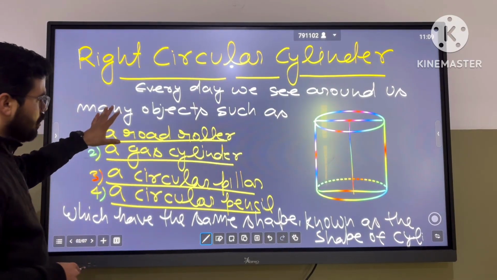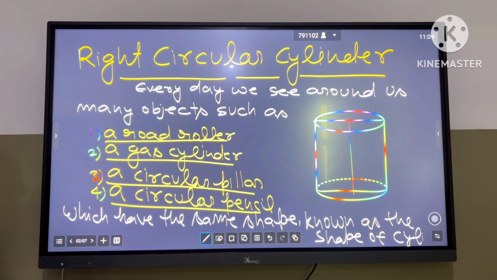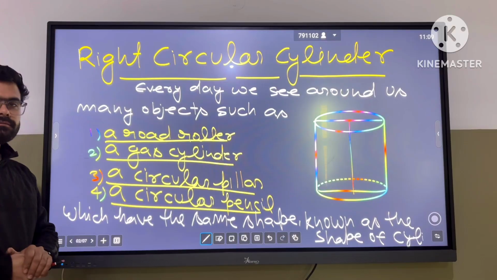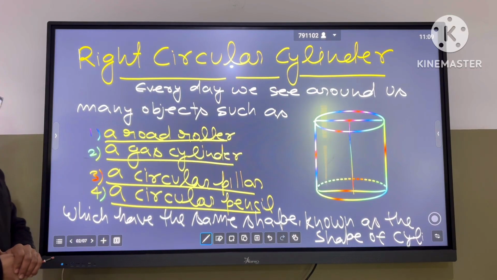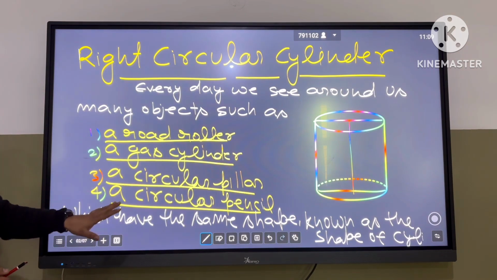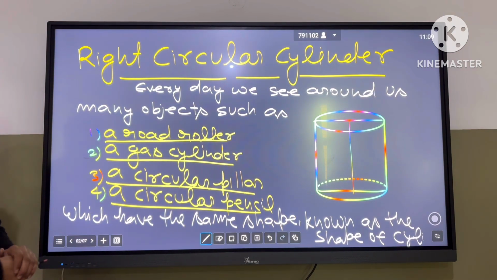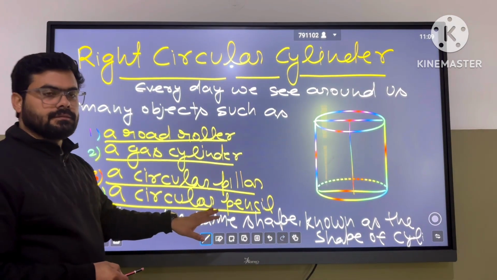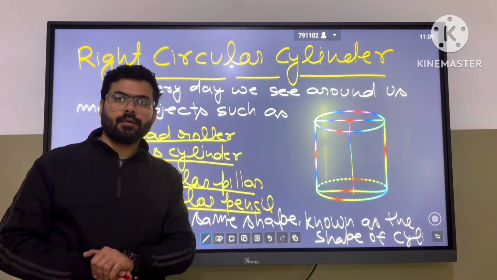These are all real life examples of objects which have the same shape, known as the shape of a cylinder.